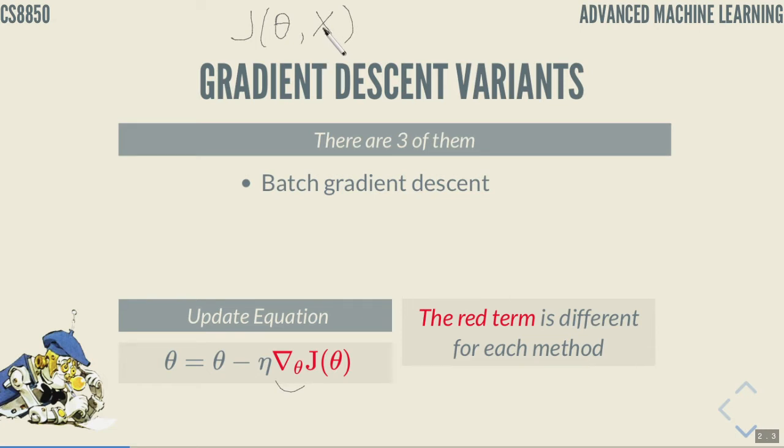Given the data and the parameters, we can evaluate the value of our objective. The same goes for the gradient. It is in fact a function of theta and data.